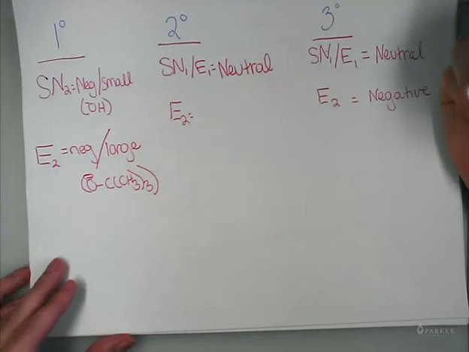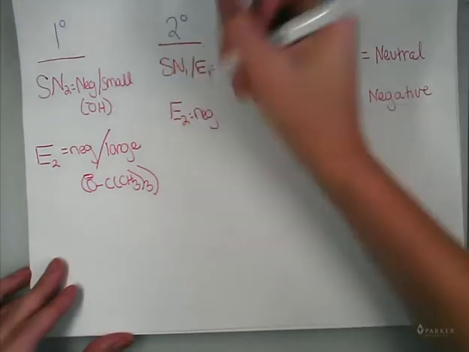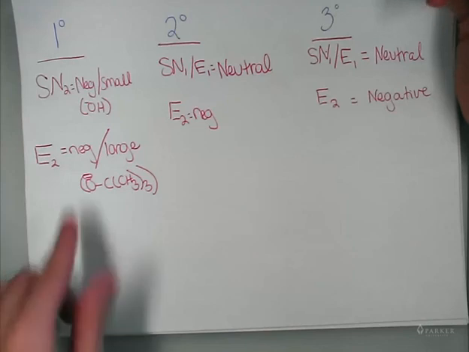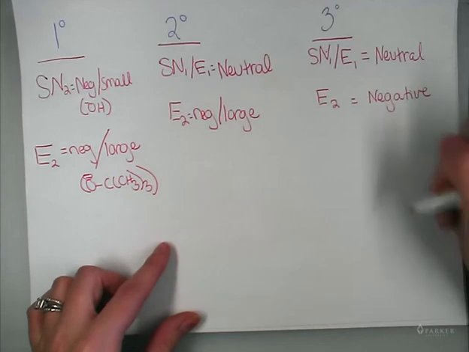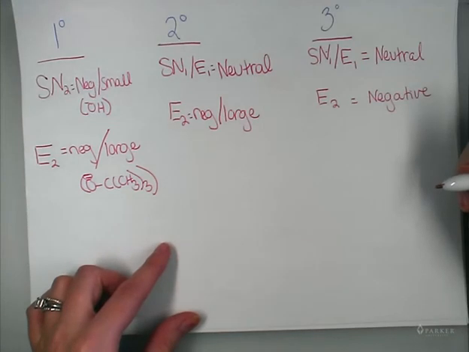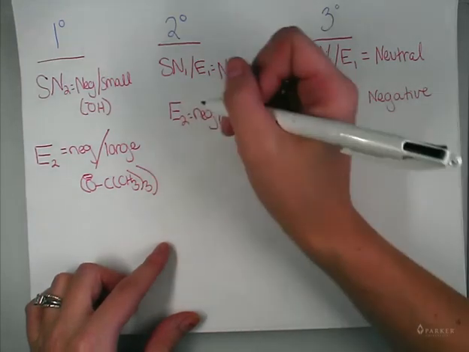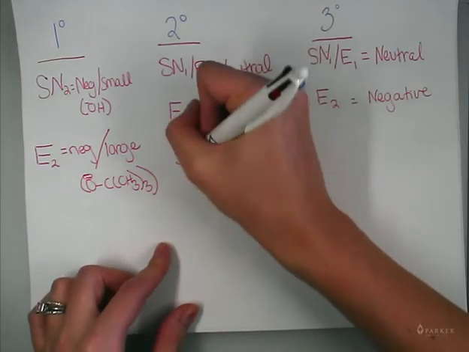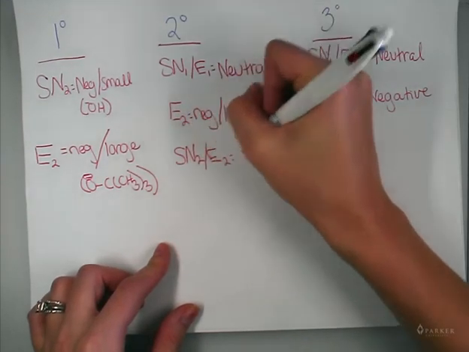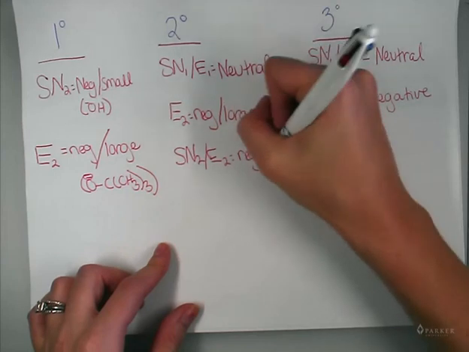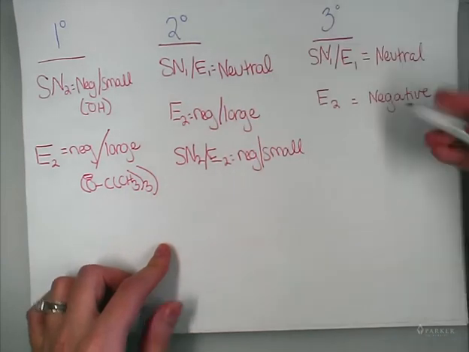So what charge do I want the base? Negative. And if I want to make sure it doesn't go SN2, I would want it large. Then another possibility is a mixture of SN2, E2. So what charge? Negative. And in this case, it's a small base.